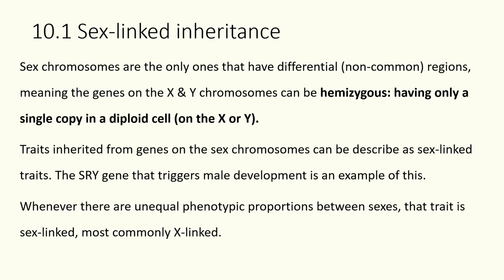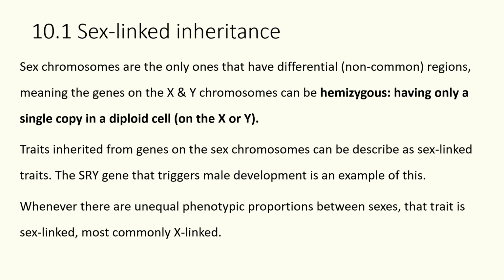All right, sex-linked inheritance, for which most of you will probably know color blindness as a good example. Sex chromosomes are the only ones that have different genes on them, and because they have these different genes, we can have hemizygous, which means there's only one copy of it in a diploid cell.